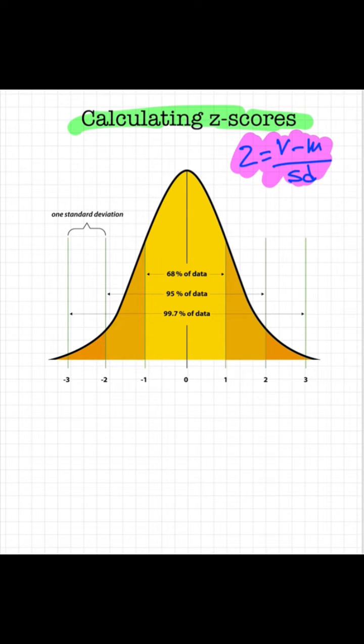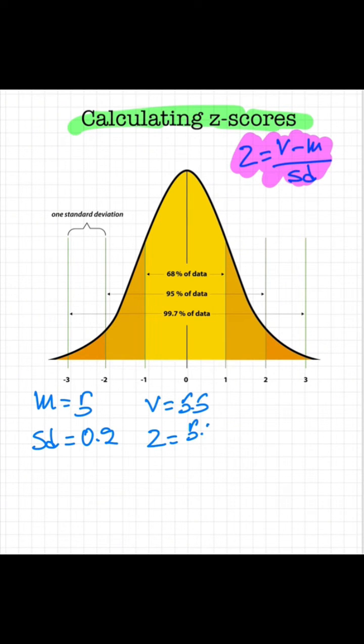If we have a normal distribution with mean value equal to, let's say, 5, and standard deviation equal to 0.2, and we would like to calculate the z-score of the value 5.5, then using the formula we have z equals 5.5 minus the mean, which is 5, divided by 0.2. So this is 0.5 divided by 0.2, which is equal to 2.5.